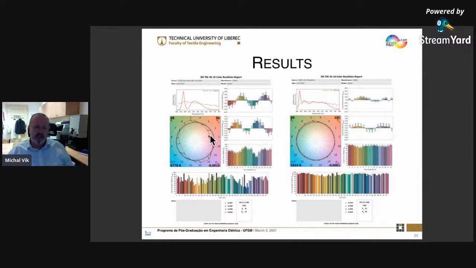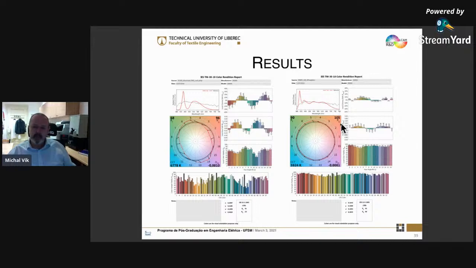Similarly, you can see a comparison for cool white LEDs, and here you can see the difference between a cool white blue pumped LED and a violet pumped LED with three phosphors: blue, green, and red. You can see that the similarity between these two graphics is quite high.